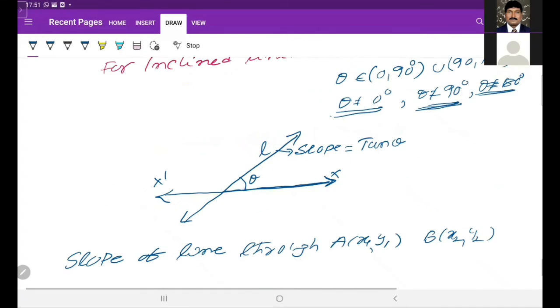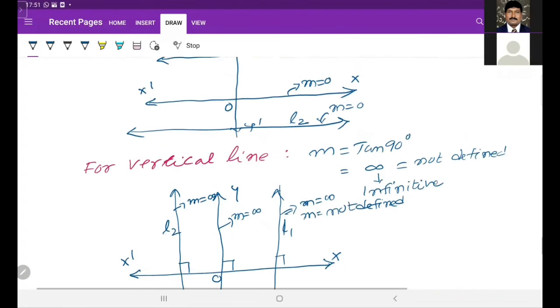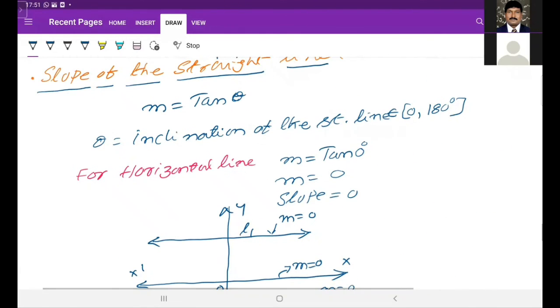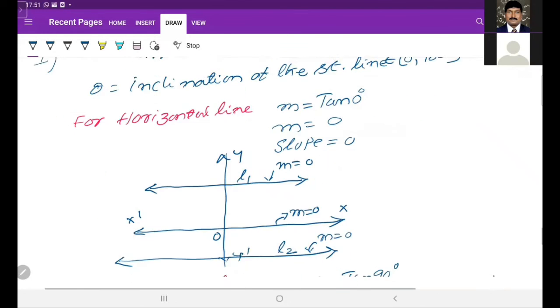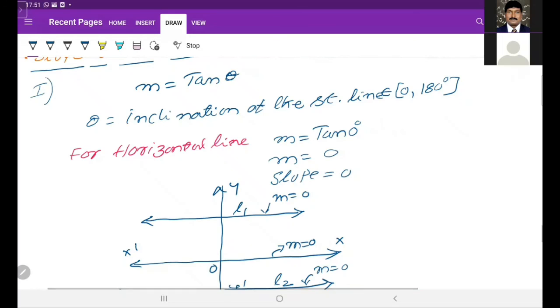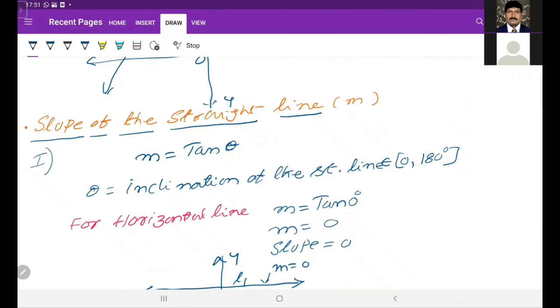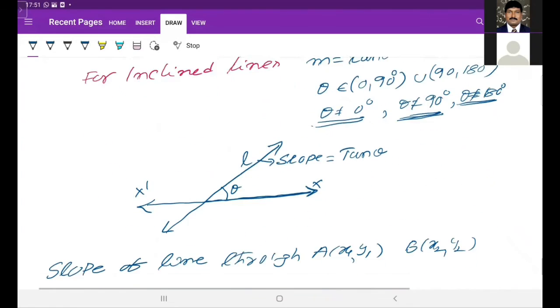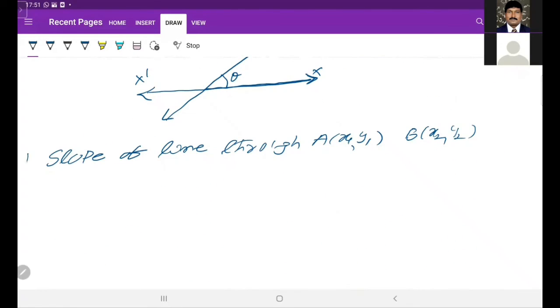So the first concept is inclination: theta is the inclination, and the slope is m equal to tan theta. When two points are known, this is the second concept.